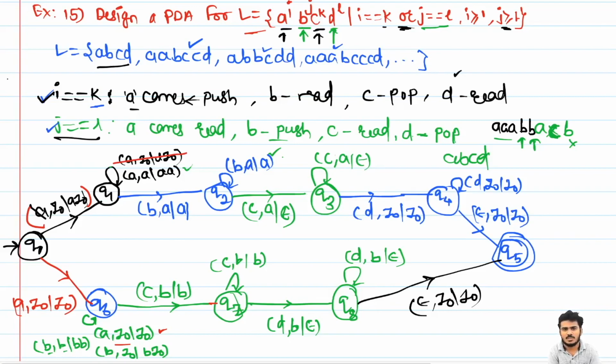I hope all of this is clear to you. These are the examples regarding deterministic context-free languages and non-deterministic context-free languages. So here we are ending with PDA. In the next class, we will take some languages and identify whether they are regular languages or context-free.